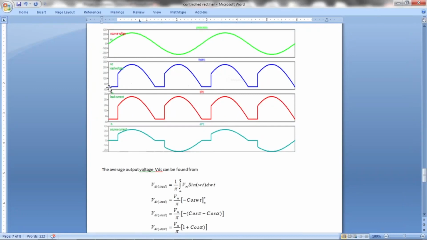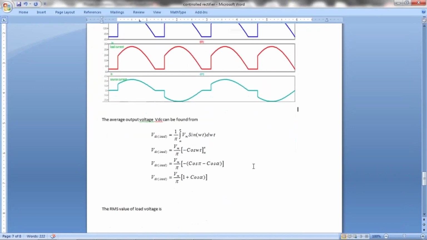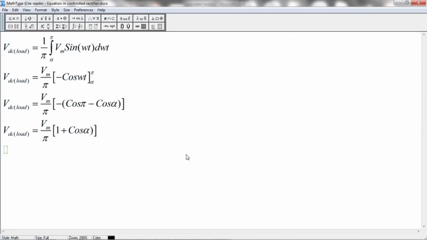And what is the average time from here to here? It is pi. That's the reason we are calculating the DC value of that waveform this way: 1 by pi, integral from alpha to pi of Vm sin omega t d omega t. Here it is just maths.